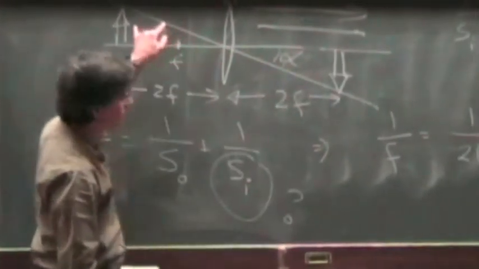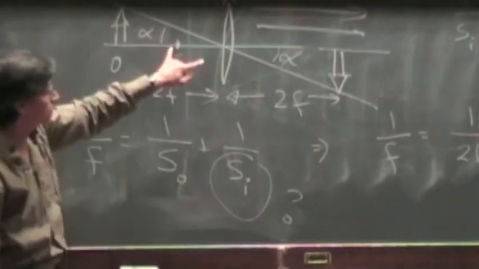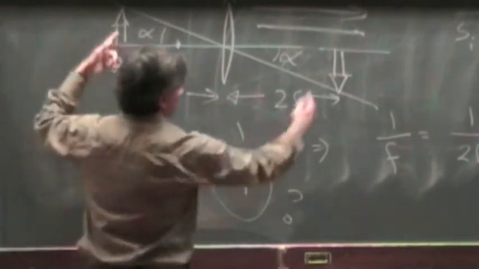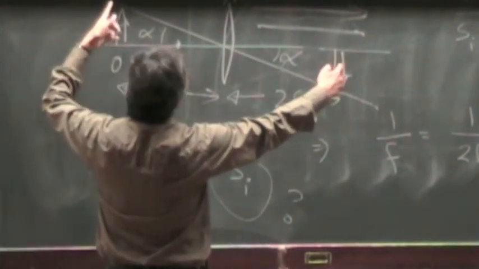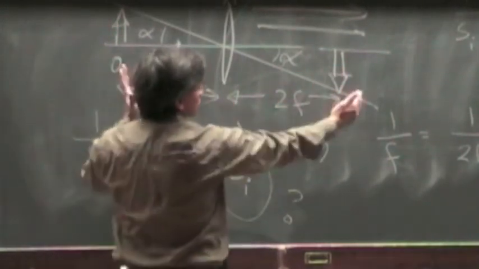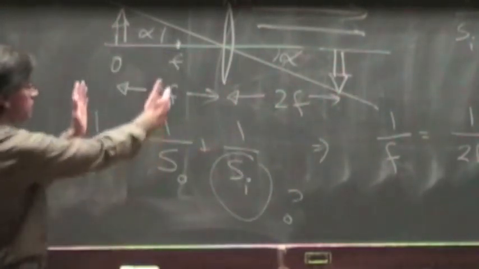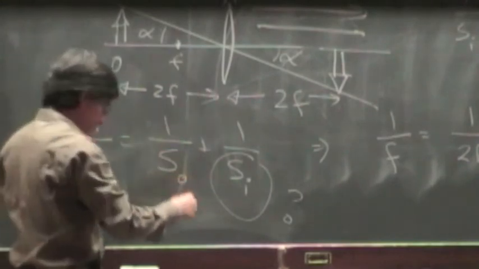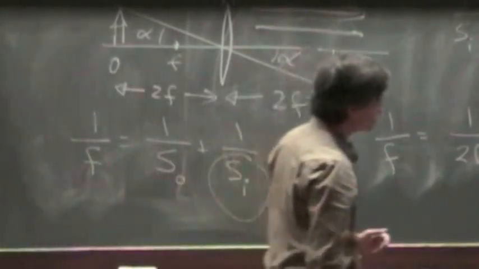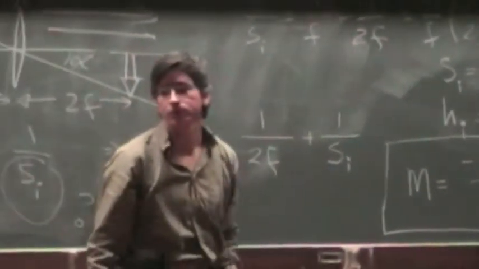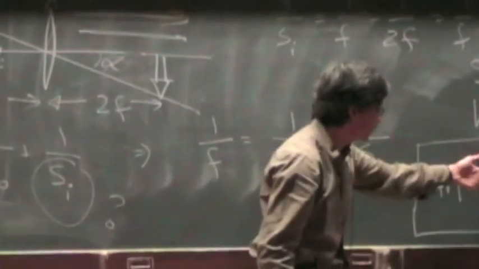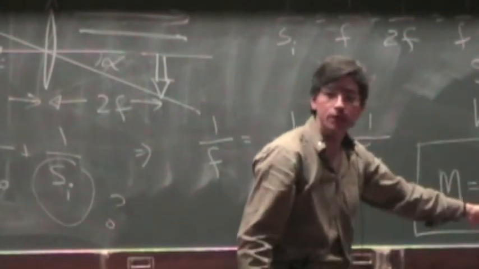Because those angles are the same, what determines the relative size of the image and the object is just the ratio of the distances, right? Which is the magnification equation. It tells you how much bigger the image is going to be with respect to the object.